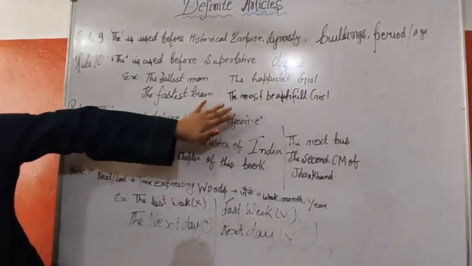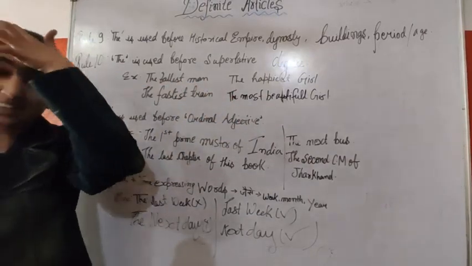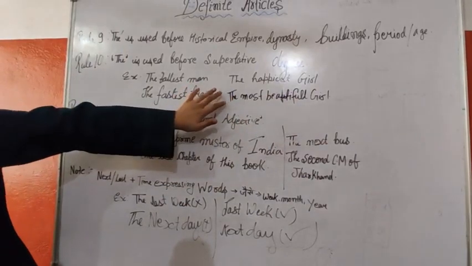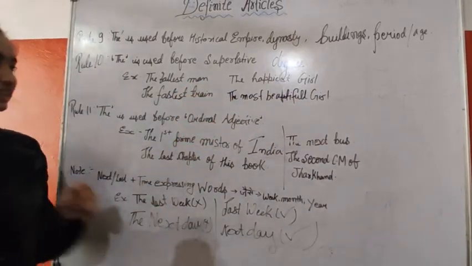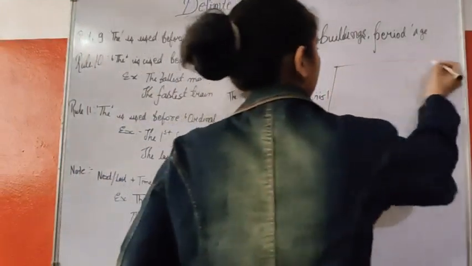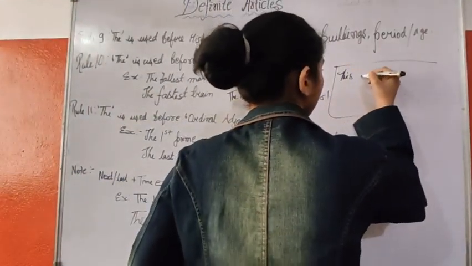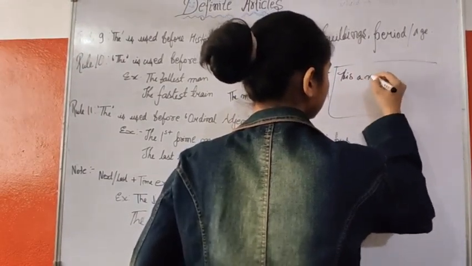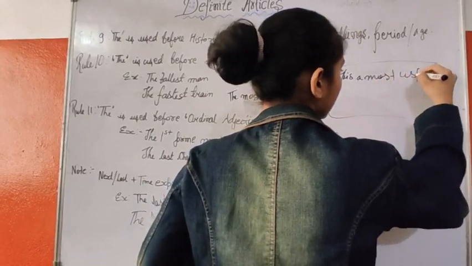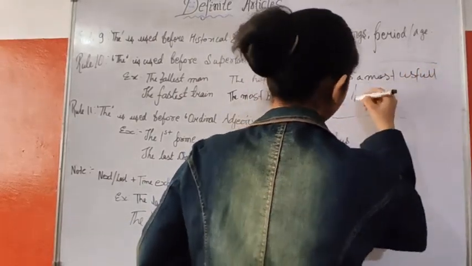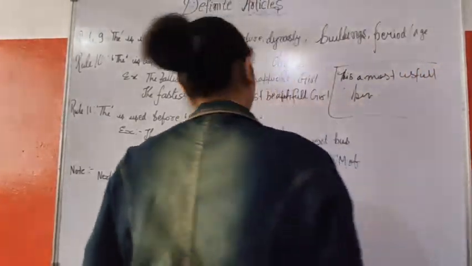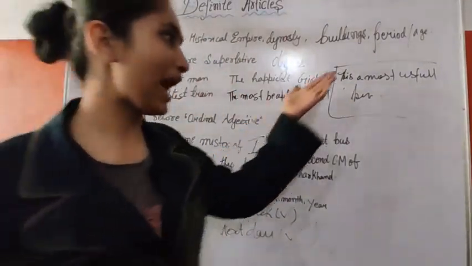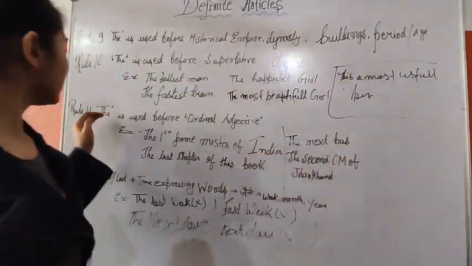Once again I am repeating, if "most" is used in the sense of "very," then you will have to apply "a" before that. For example, this is a most useful river or a most useful pen. Okay guys, so if "most" is used in the sense of "very," then you will have to apply "a" before that. So now let's move to our next rule.